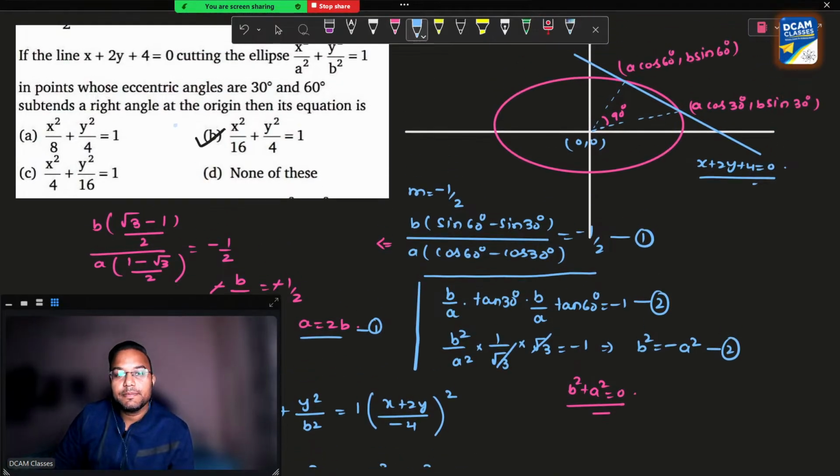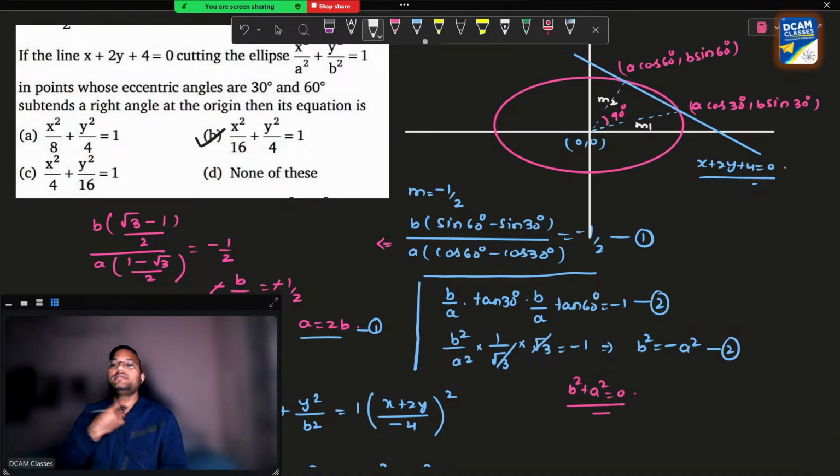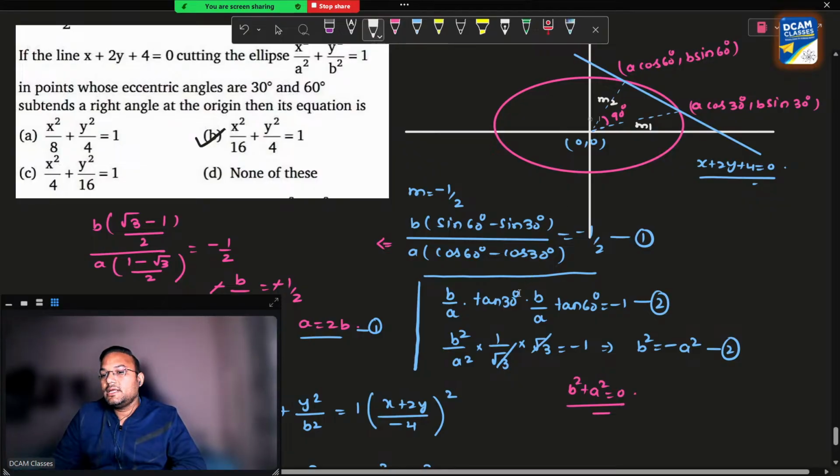This part is perfectly fine. But they said it is subtending a right angle at the origin. It's not working here. I'll find out the slope of this line and the slope of this line. Since these two are perpendicular to each other, m1 m2 should be equal to -1. Right? Yes, sir. So b by a tan 30 into b by a tan 60 should be equal to -1.